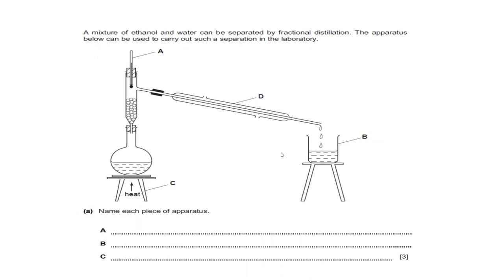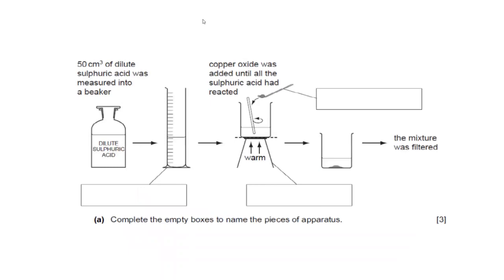More examples. What is the apparatus in box 1? Name of apparatus in box 1. Measuring cylinder, good. What about the apparatus in box 2?